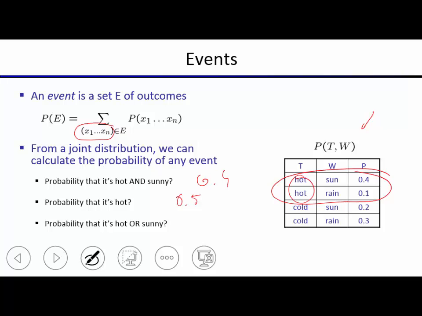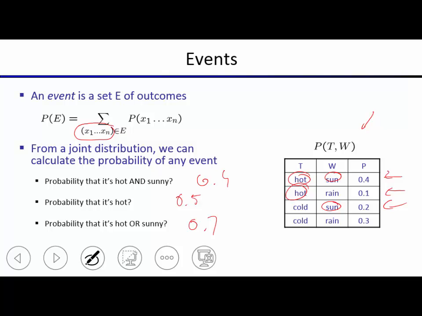What is the probability that it's hot or sunny? So that means rows with hot will be included, rows with sunny will be included. So we have the first row, second row, third row. We sum those together, we have 0.7. Note that we don't double count the first row just because it's both hot and sunny.